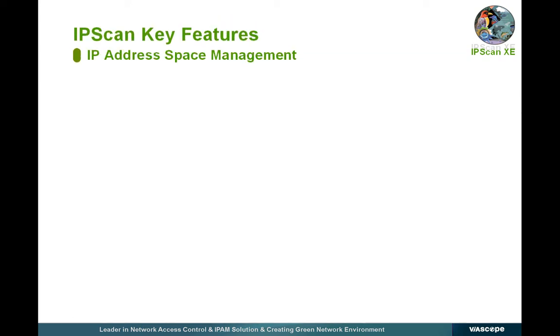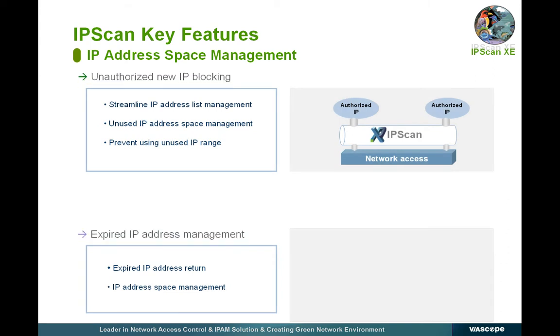To manage IP address space, the IPScan solution supports functions of blocking unauthorized IPs and managing expired, out-of-date IPs. Blocking unauthorized IP is to restrict access to unused IPs in the target IP range, excluding the currently used IPs, an attempt to prevent indiscreet use of IP resources.